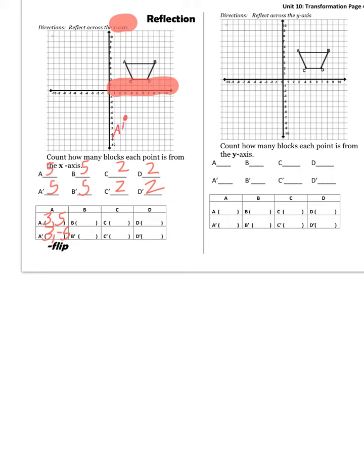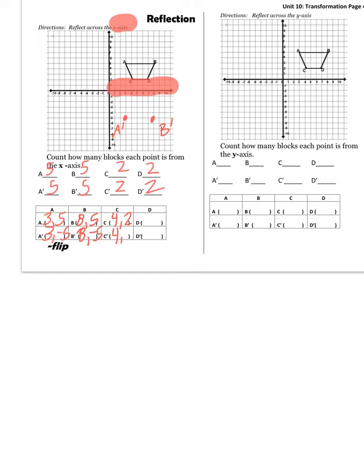Okay, so B is 8, 5. So if we reflect across the x-axis, quadrant 4, so positive x values, negative y's. So 8, -5 is B prime. C is 4, 2.